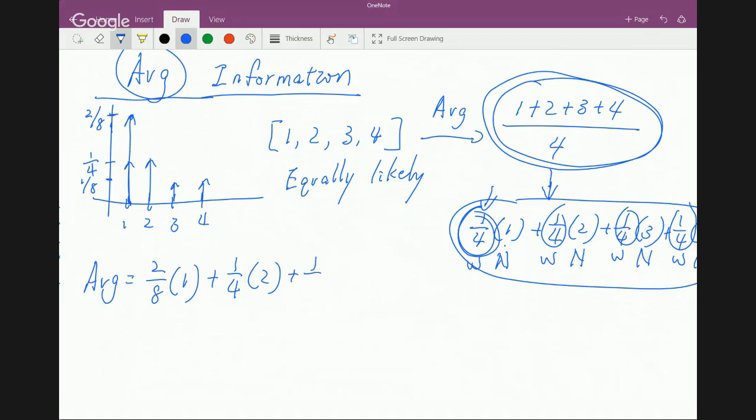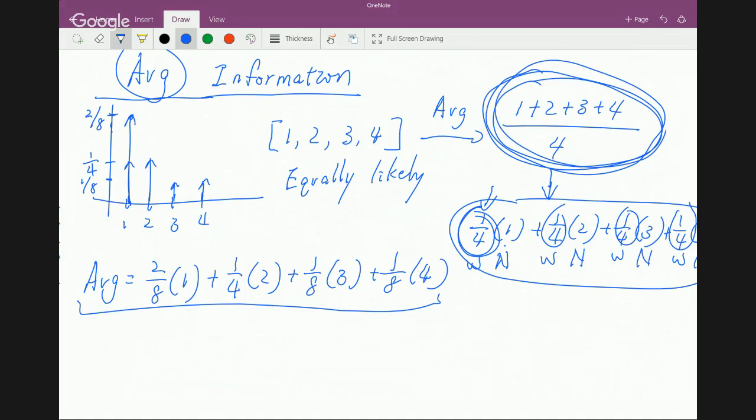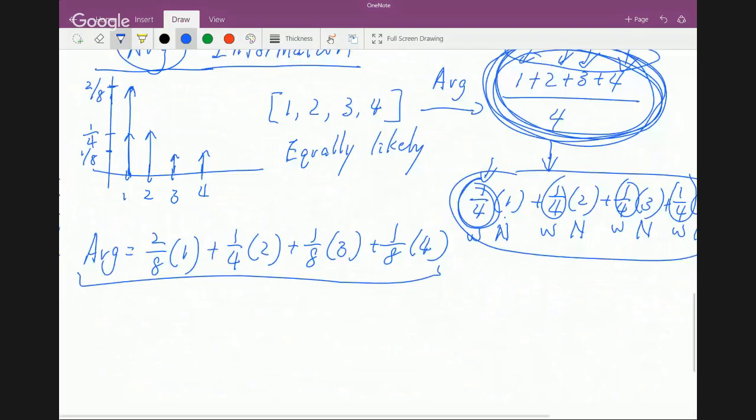Then 1/8 times 3 plus 1/8 times 4. That's how you find the average. Very often people think of average in terms of the simple sum, but that's only because each number is equally likely. So this point needs to be drilled in. I'm sure most people know this already, but I want to make sure everybody's on the same page.